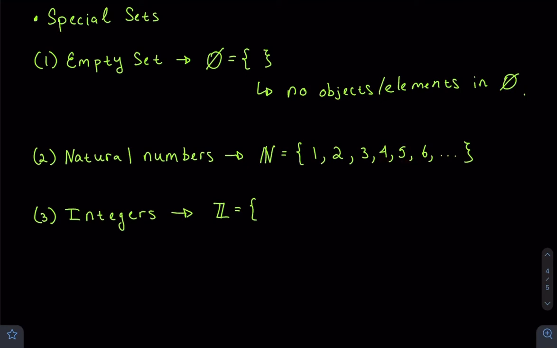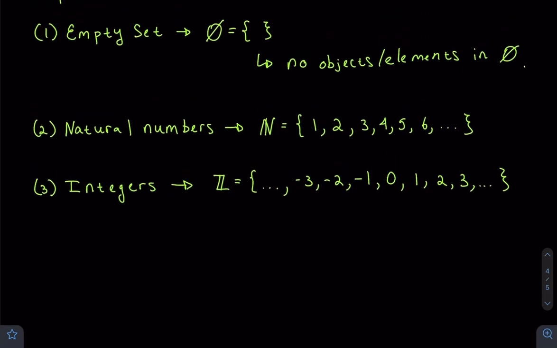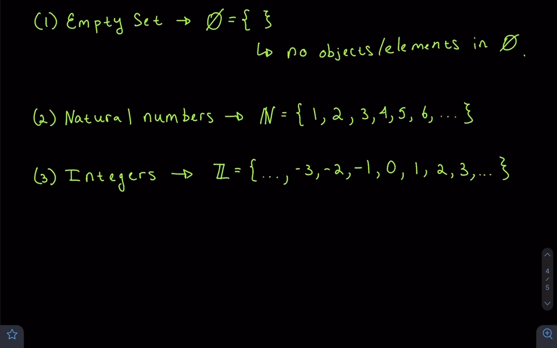So we can start off from negative infinity and work our way down to, let's say, negative 3, then negative 2, negative 1, 0, positive 1, positive 2, positive 3, and then going up to positive infinity. So two infinite sets so far of different elements, where the natural numbers just has the positive integers and the integer set contains the negatives and the number 0.